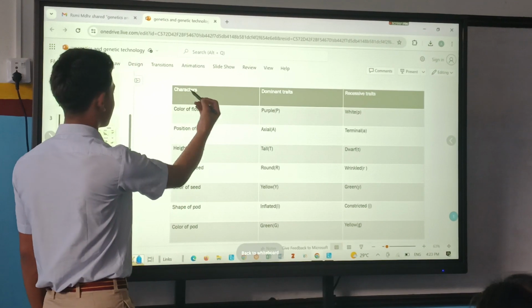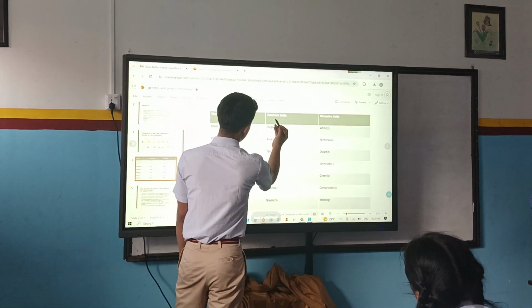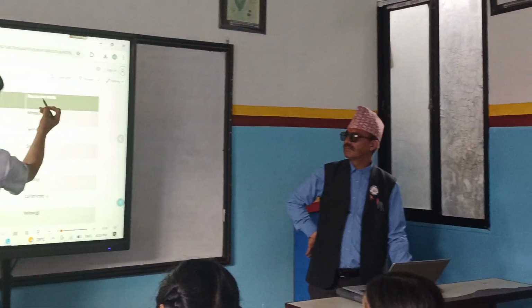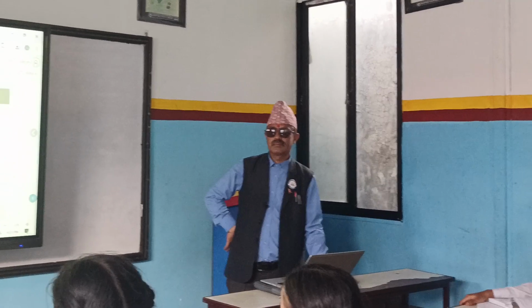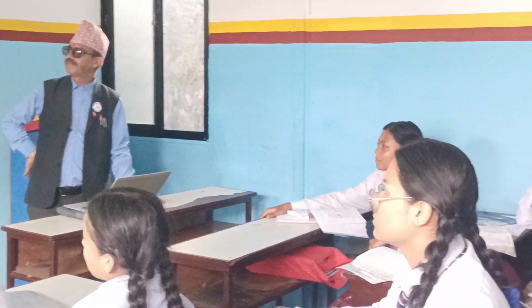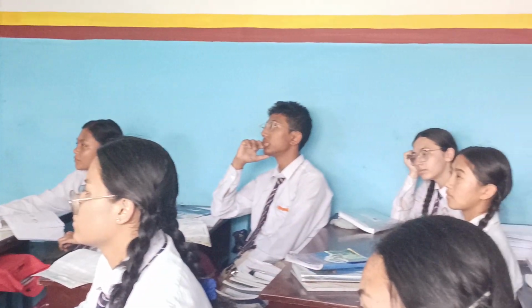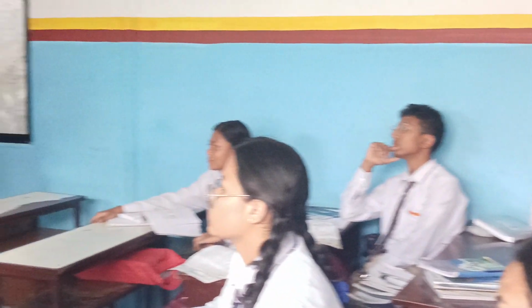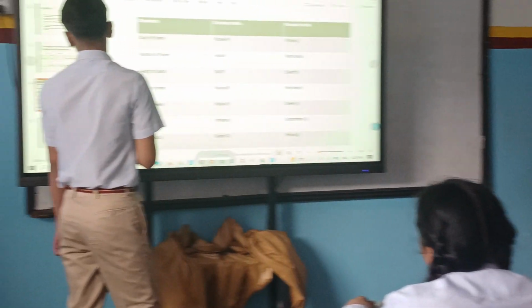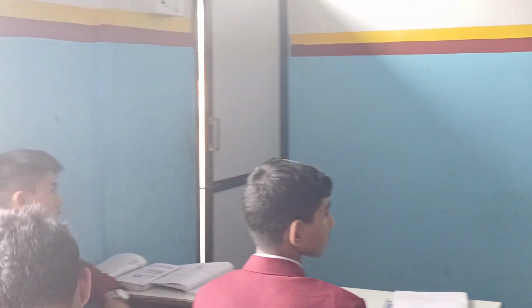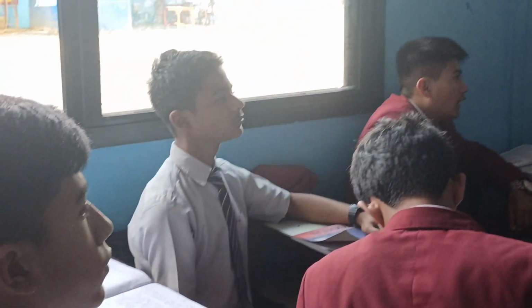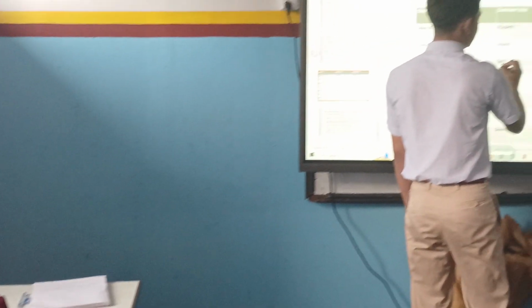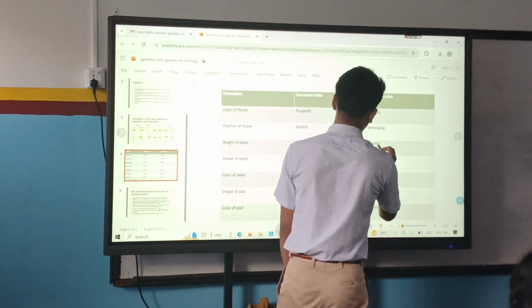The color of flower: its dominant trait is purple, and its recessive trait is white. Another one is the position of flower: its dominant trait is axial, and its recessive trait is terminal. The height of plant: dominant is tall, and recessive is dwarf.